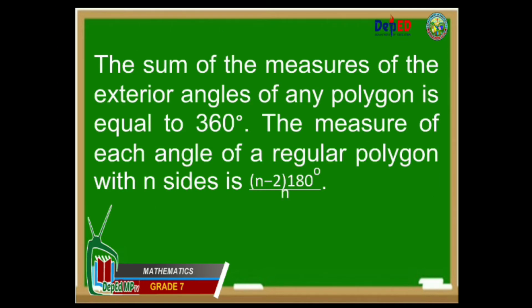The sum of the measures of the exterior angles of any polygon is equal to 360 degrees. The measure of each angle of a regular polygon with n sides is the quantity of n minus 2 multiplied by 180 degrees all over n.